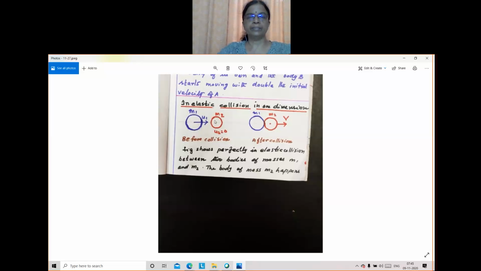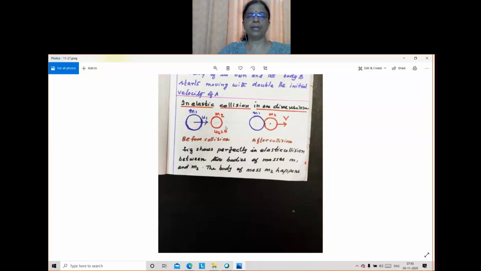Body m2 is at rest, for example a wooden block, and m1 can be considered as an arrow which comes and hits it. In the second case, the body is at rest and after hitting the wooden plank both move together with a common velocity. Before collision, m1 is the mass of the first body with velocity u1.